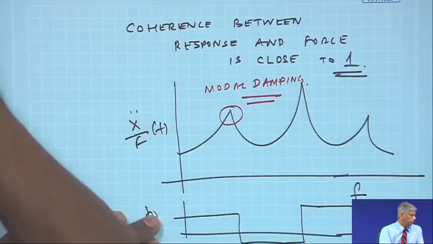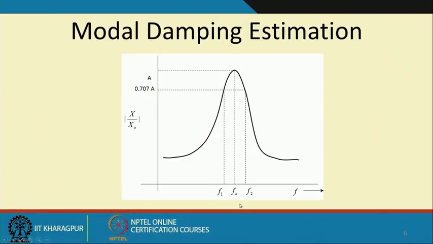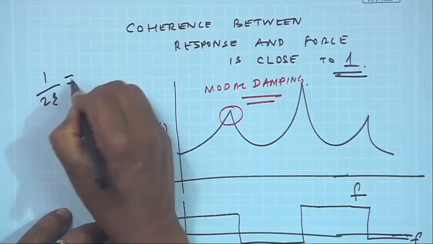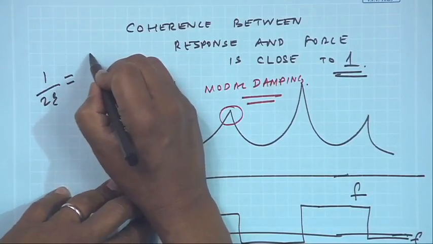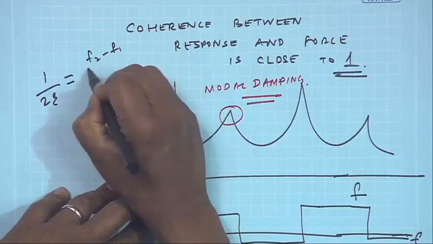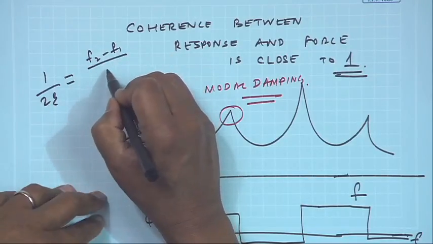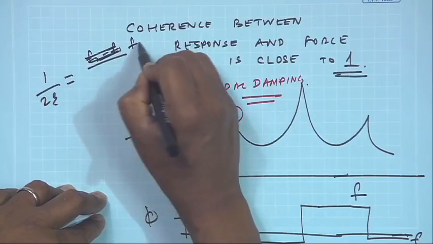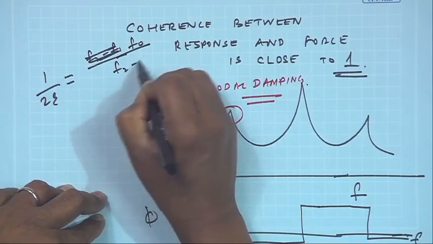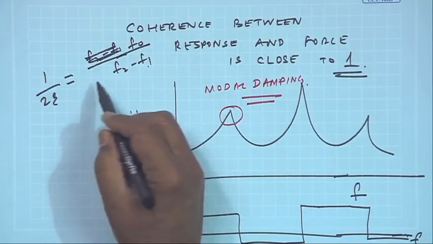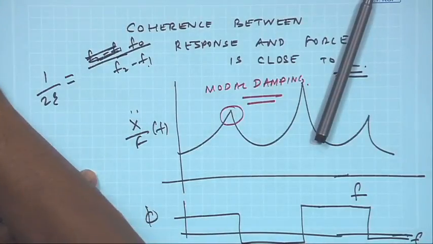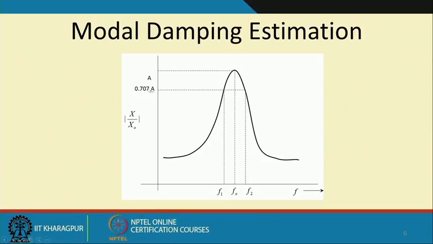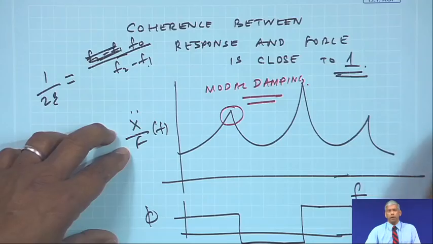So, we have 2 zeta equal to (f2 minus f1) by f naught, sorry, f naught by f2 minus f1. Then we can find out zeta, where we measure the peak amplitude, and at the 0.707 level we find f1 and f2. So, this is also done.